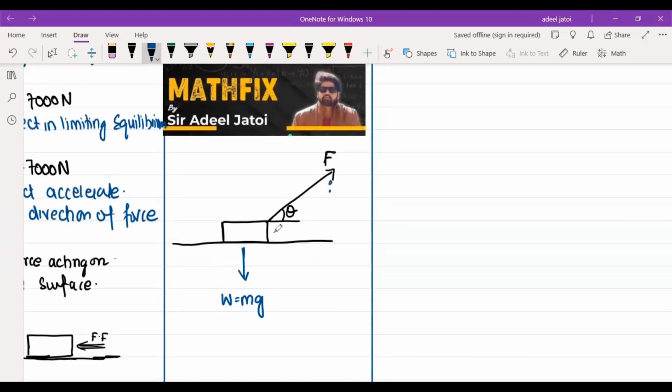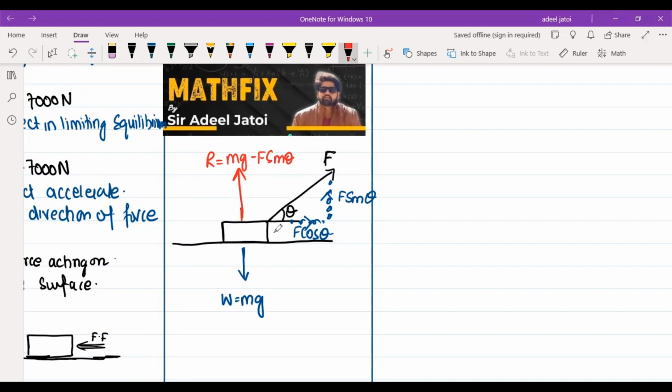At this point, there would be two components: towards up, this should be F sine theta, and towards the right, this should be F cos theta, right? So if I need to find the resultant reaction, your reaction would be mg minus F sine theta.